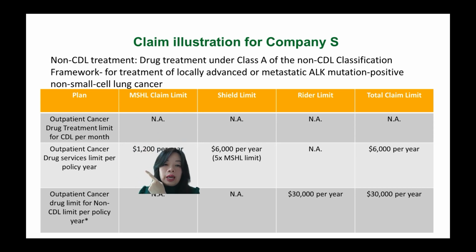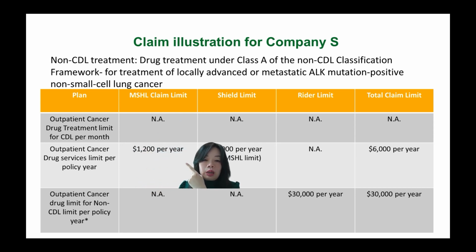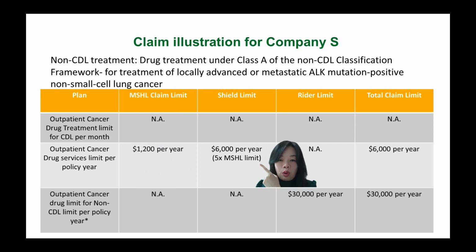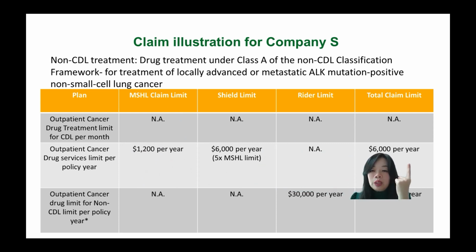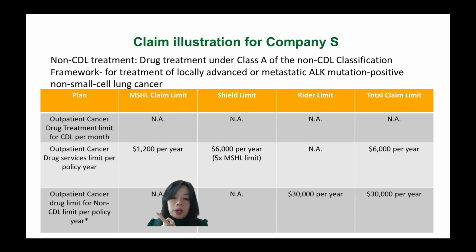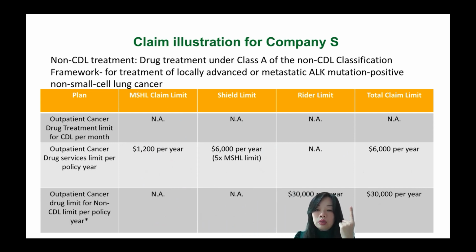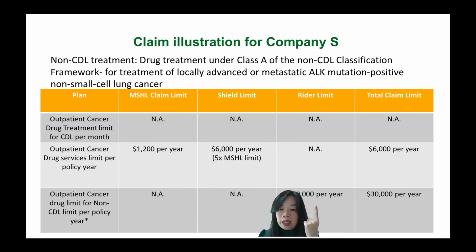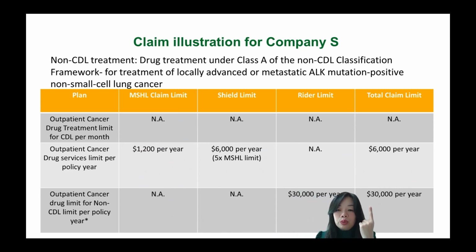So we look at the services. Services will be 1,200 standard per year. 5 times of 1,200 will be $6,000 per year. So total claim limit will be $6,000 per year. For the outpatient cancer drug limit for non-CDL limit, it will be $30,000 per year. So total claim limit will also be $30,000 per year.